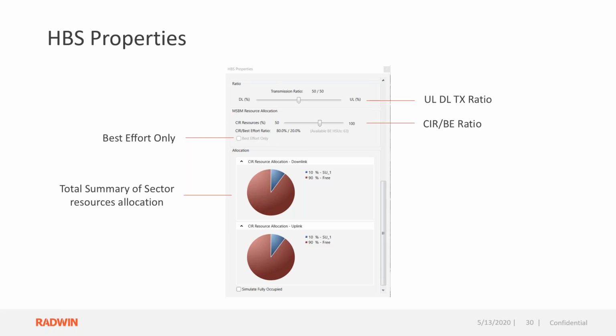At the end, you will see all the allocation, the resources that were taken from the base station. Total summary of the sector resources allocation. Exactly which resources are taken to which subscriber. You can see it, and you can see how many resources are left and how many subscribers are taking the resources and what is the utilization again of the network.